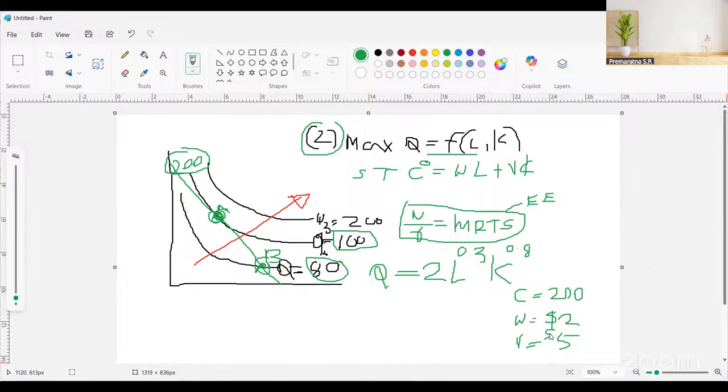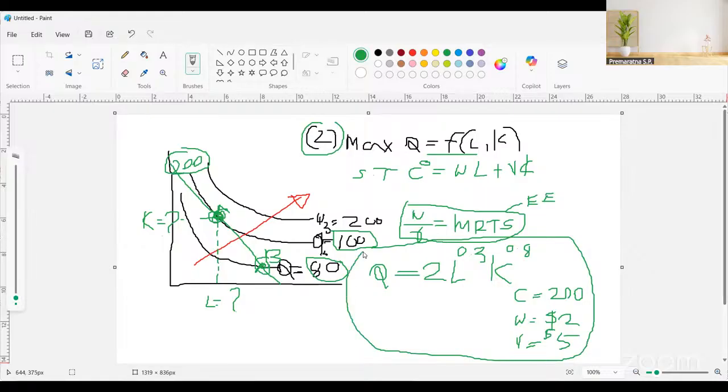With this information, you should be able to find the optimal amount of labor and the optimal amount of capital to use. Now, if cost is given, you have to go for the maximization problem.